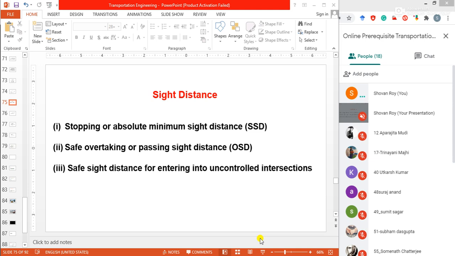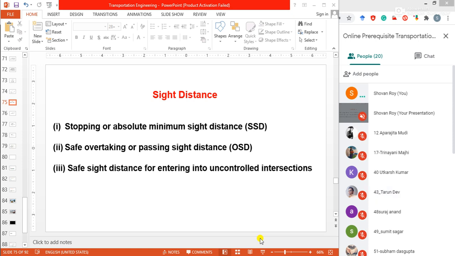So the distance between the obstruction and the driver who is driving the vehicle, this horizontal length, is called the sight distance.